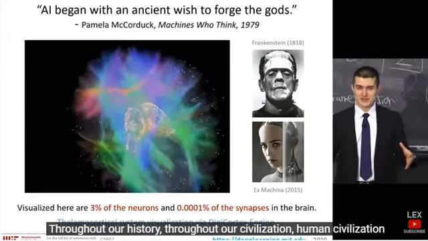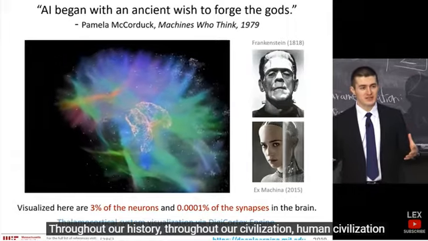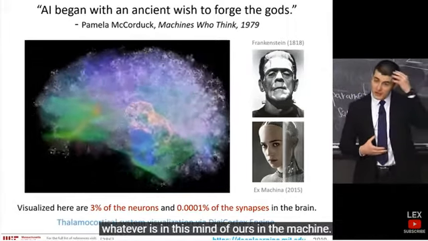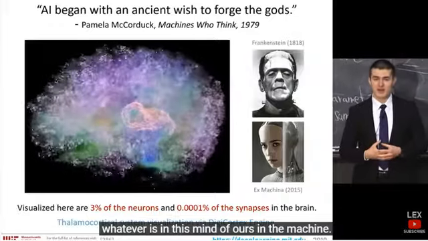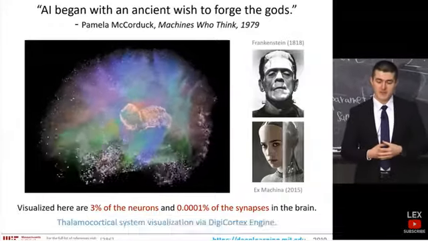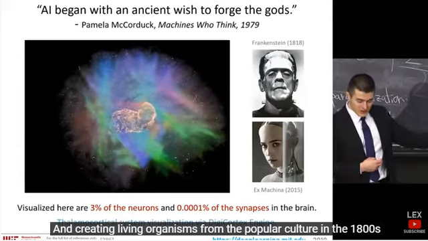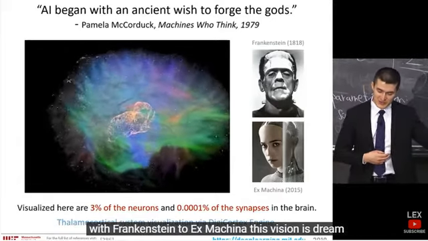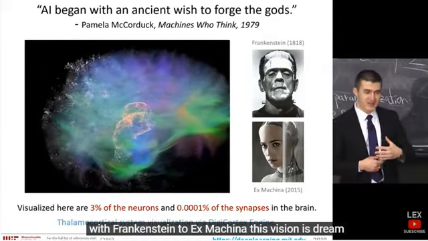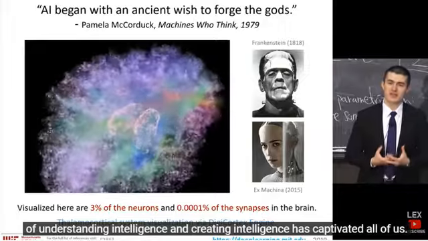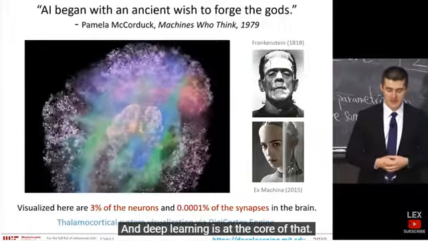Throughout our history, throughout human civilization, we've dreamed about creating echoes of whatever is in this mind of ours in the machine, and creating living organisms. From popular culture in the 1800s with Frankenstein to Ex Machina, this vision, this dream of understanding intelligence and creating intelligence has captivated all of us.